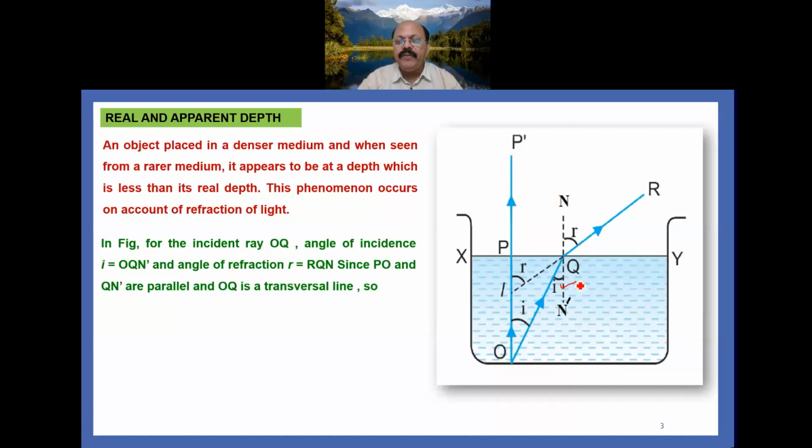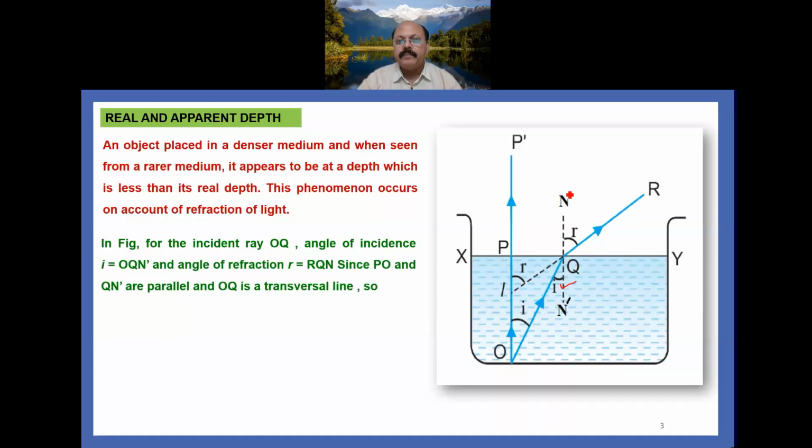And the angle of refraction: because the ray of light OQ incident onto the interface travels from denser to rarer medium, the ray is refracted along QR, making an angle of refraction r with the normal NQN dash. Then the angle r is equal to angle RQN.